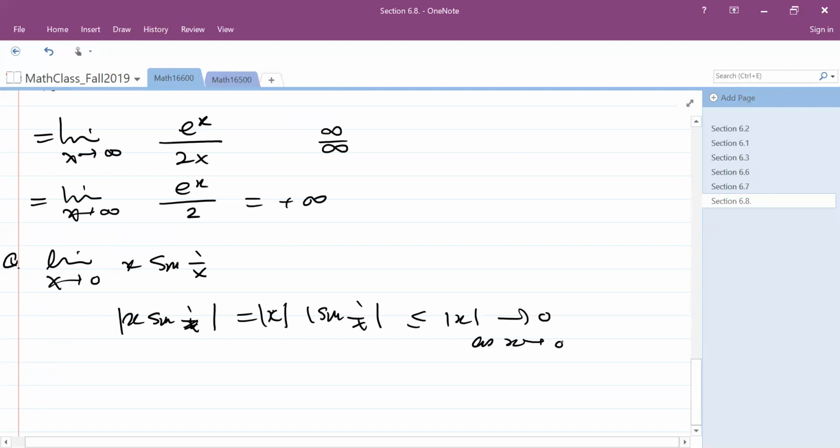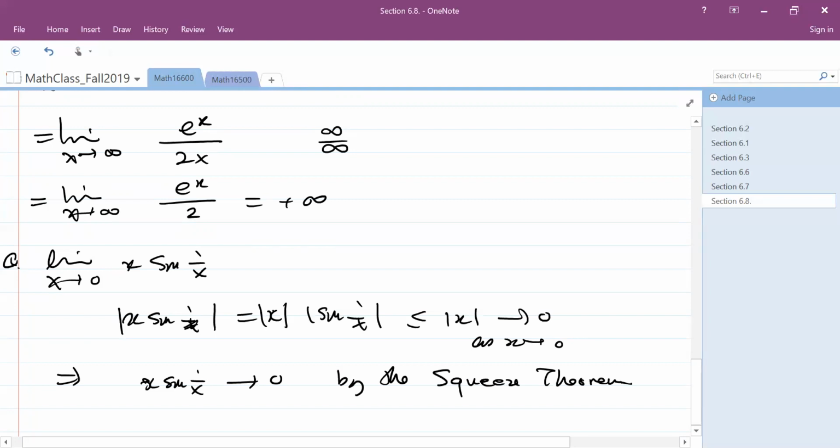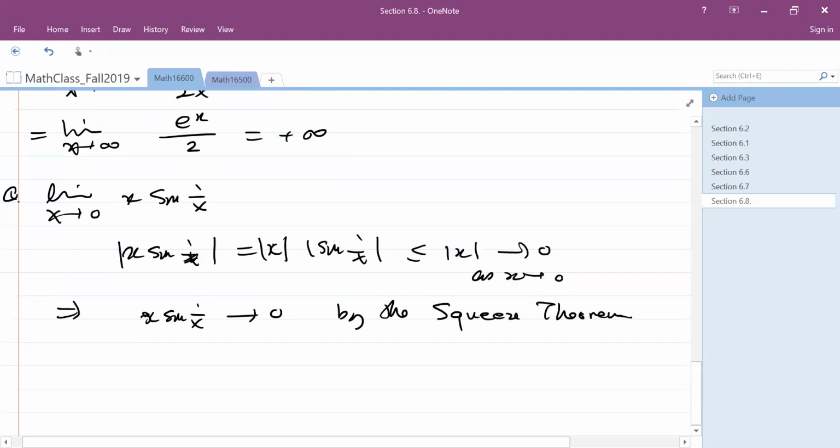So something is bounded by another simple function which approaches 0. That forces x times sine 1 over x to approach 0 by the squeeze theorem.